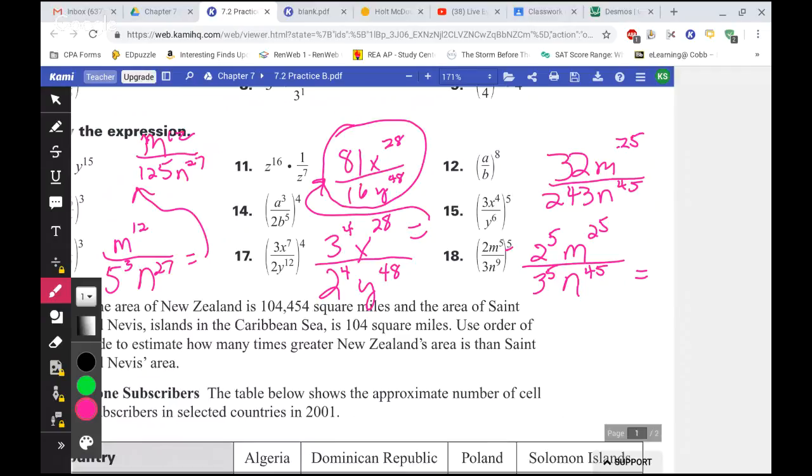And on these practice A's and practice B's that I give you guys, believe it or not, those are great things to use to practice ACT, SAT skills. So that's a lot of times why I include those.